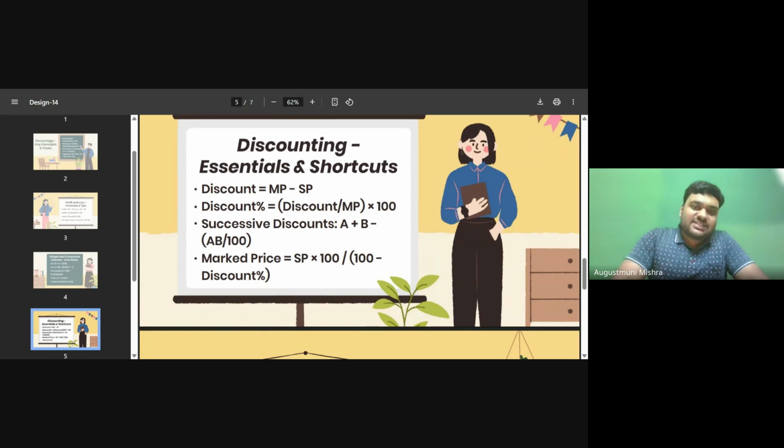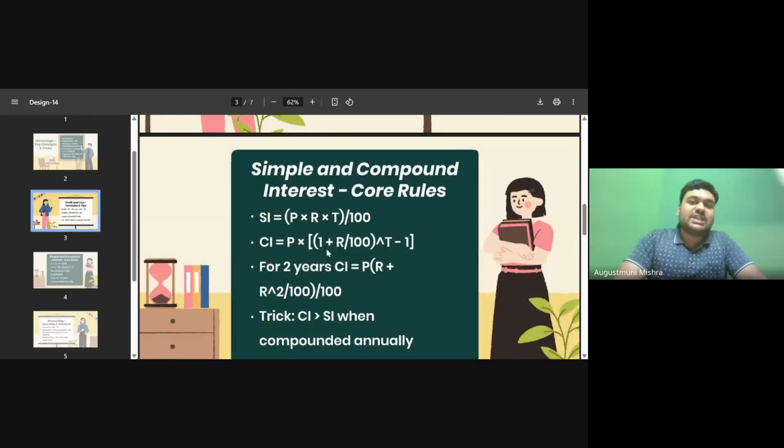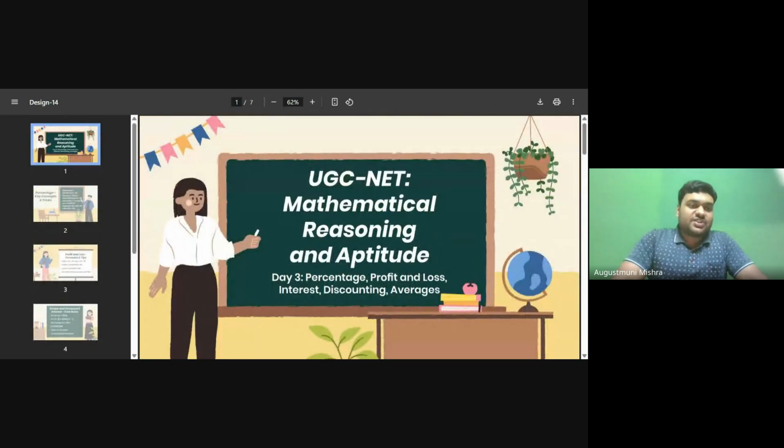When there is a successive discount, you write A plus B minus AB upon 100. In the case of marked price, it is SP, selling price, into 100 upon 100 minus discount percent. These are all the formulas we are going to use in today's session for solving different questions.